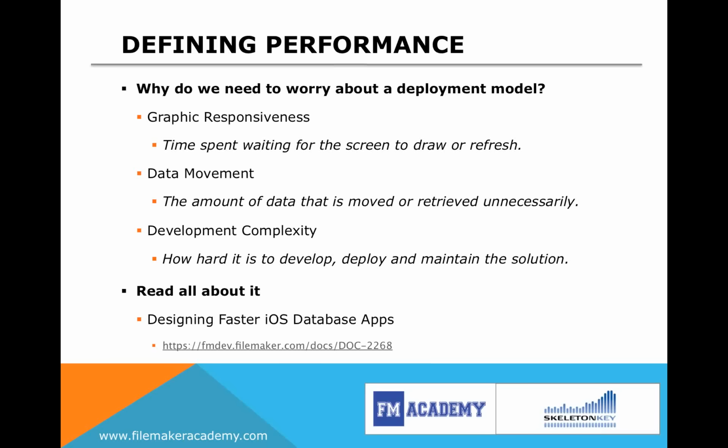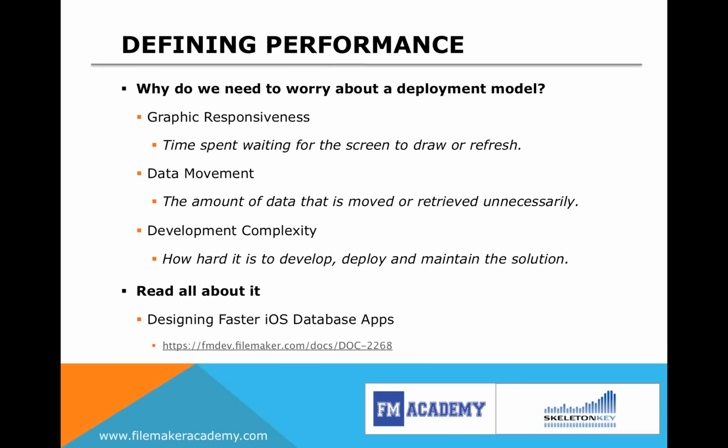The gist of the idea here is that, again, just like graphic responsiveness, what kind of data you have, when you access that data, and whether it's located on the device somehow in a file or stored remotely, can all really have a dramatic impact on performance. And so while we're not going to get into the details here, how your schema is organized, how many fields you have in the table, and when you show what found set are all development techniques you need to be sensitive to in order to get the best performance out of your solutions as well.